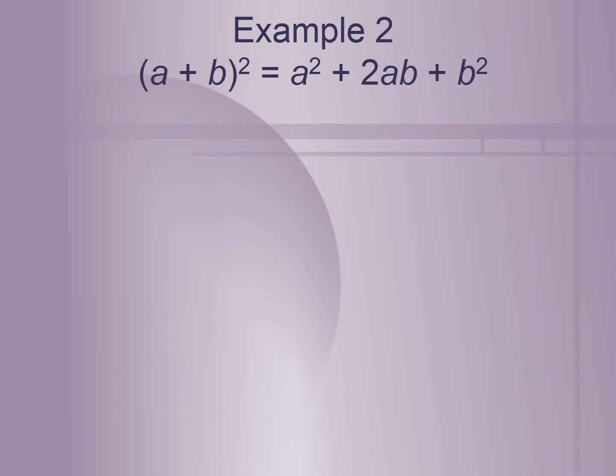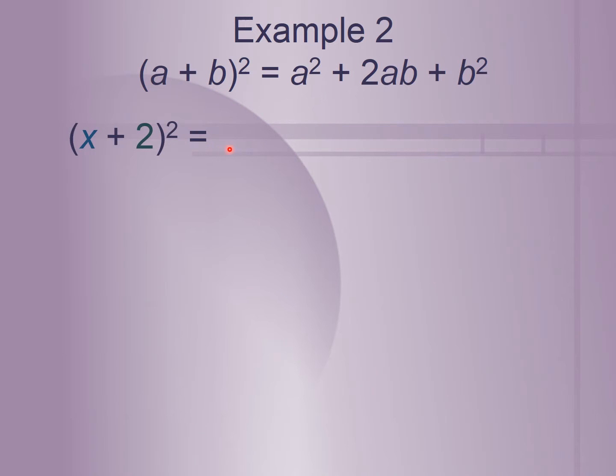All right, so using this formula, let's go ahead and try a square of a sum and see if we can do it. So this is x plus 2 squared. So notice that the x is the first term, so it's taking the place of the a, and the 2 is the second term, so it's taking the place of the b.